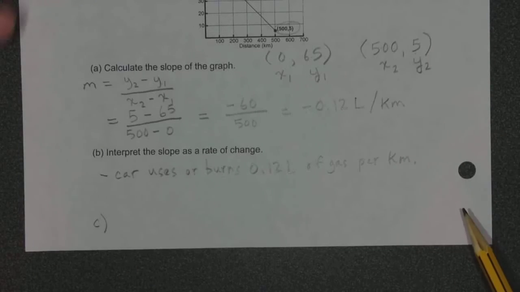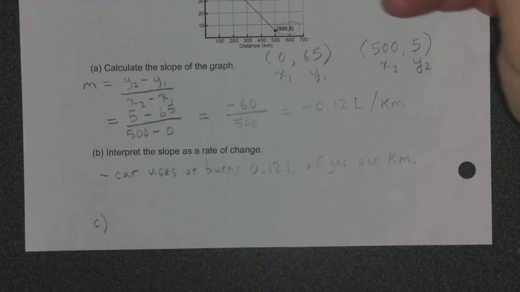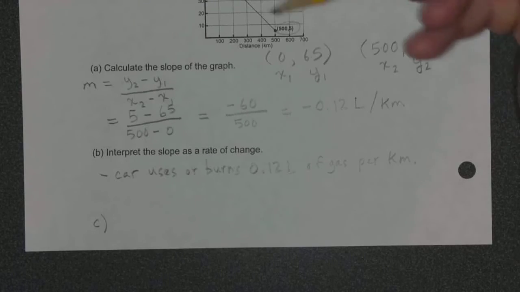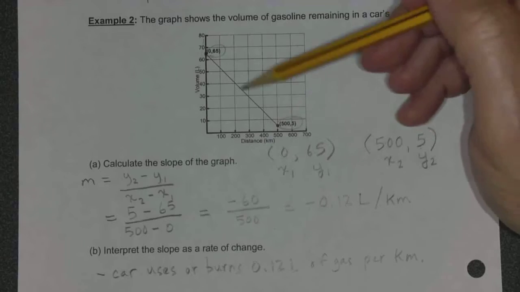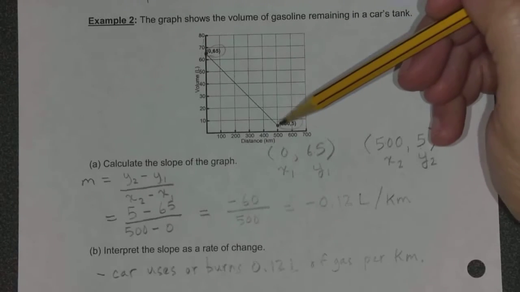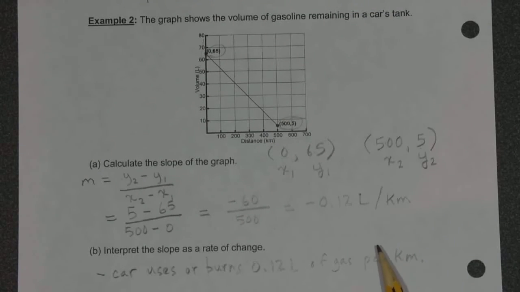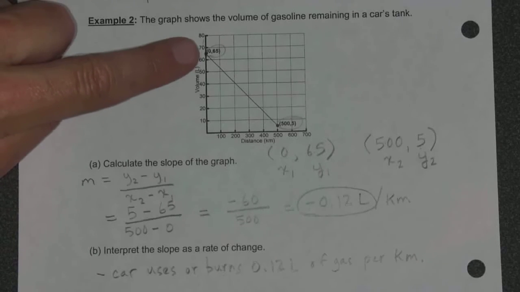Now the important part we're doing in all this and where this is all going is we want you to come up with an equation for this line. Okay? We want you to come up with an equation for this line. Well, think about it. You got your slope, and you've got your vertical intercept, where the line crosses the y-axis, which is important, which I'll talk to you about more later on, which is 65.